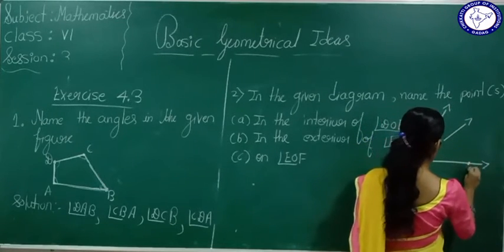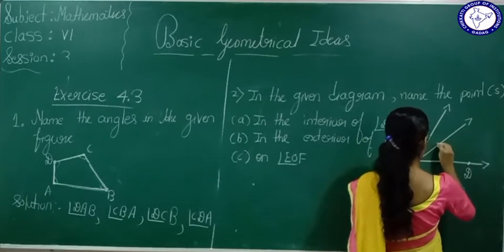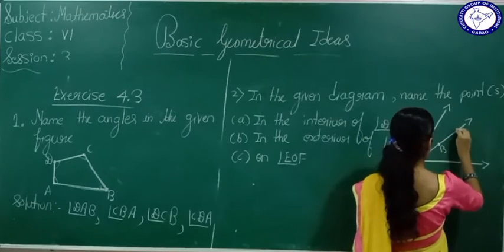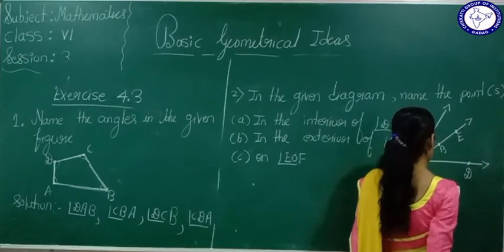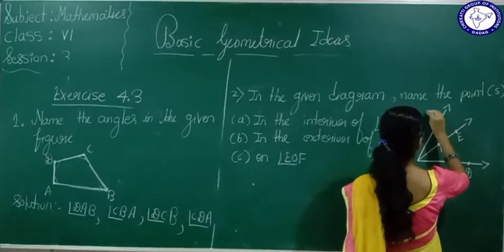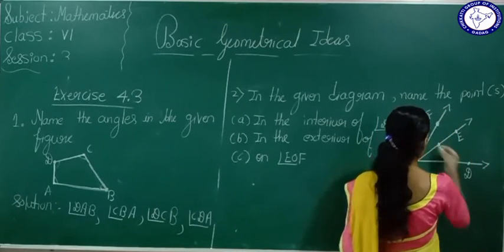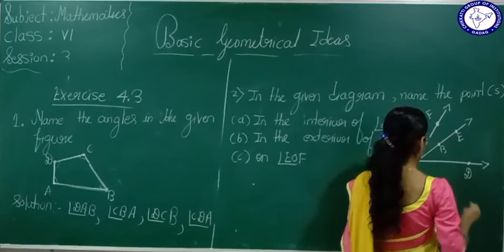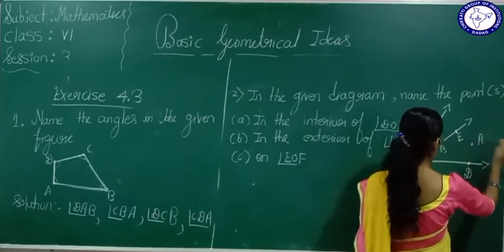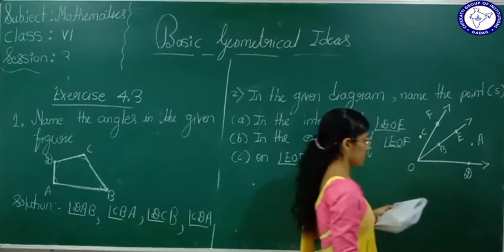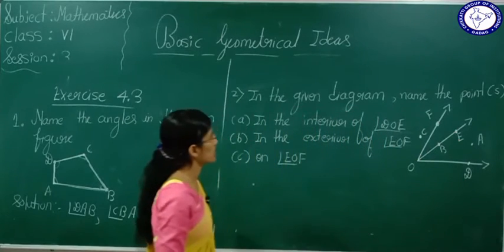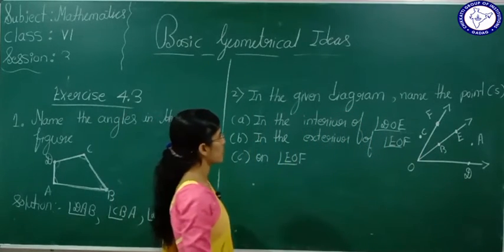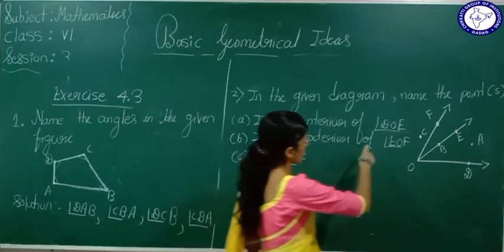O, D, B, E, F, C, A. Now see, this is the given thing. In the given diagram, name the points in the interior of angle DOE.